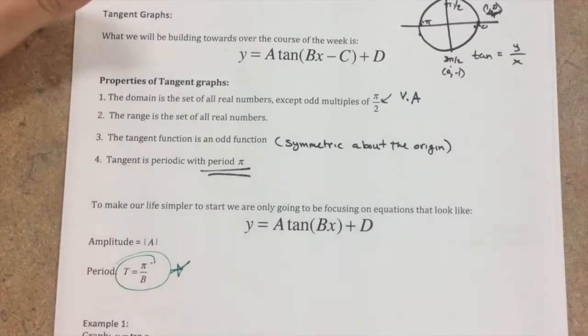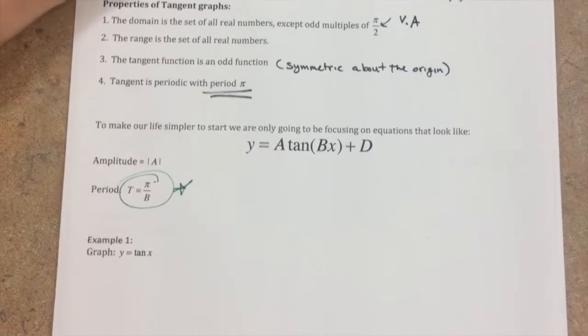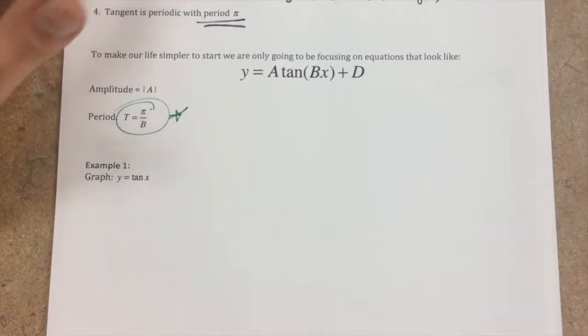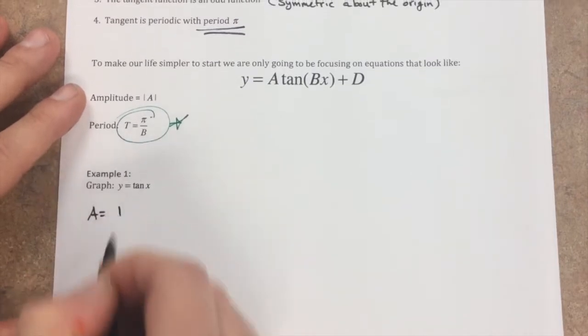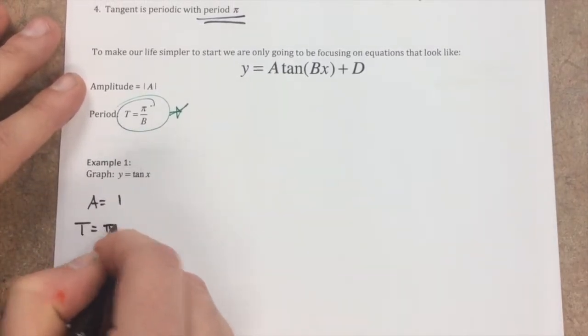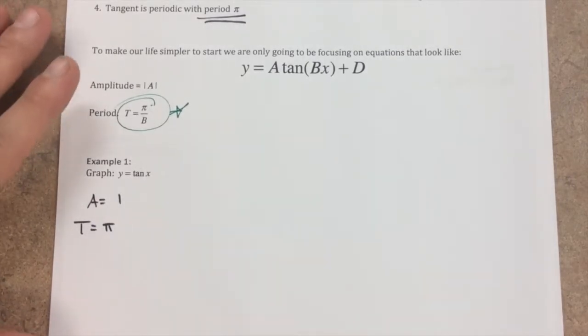So hopefully this will clear up some things so that when we try graphing tangent, it makes a little more sense. So our amplitude normally is 1. Our period is pi. But we don't get nice start and finishes here.